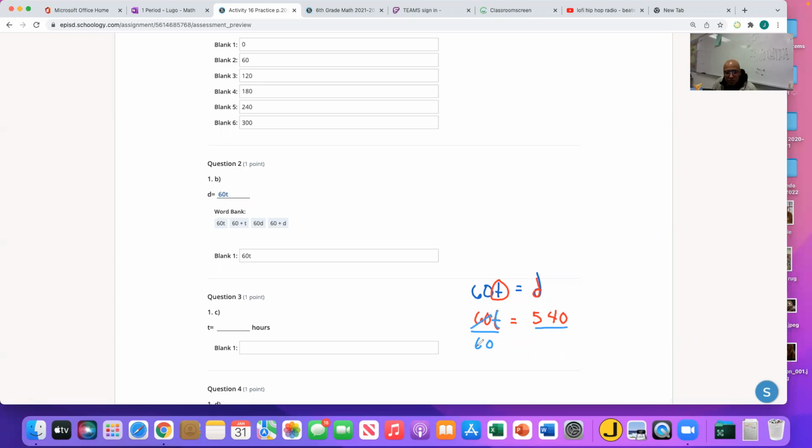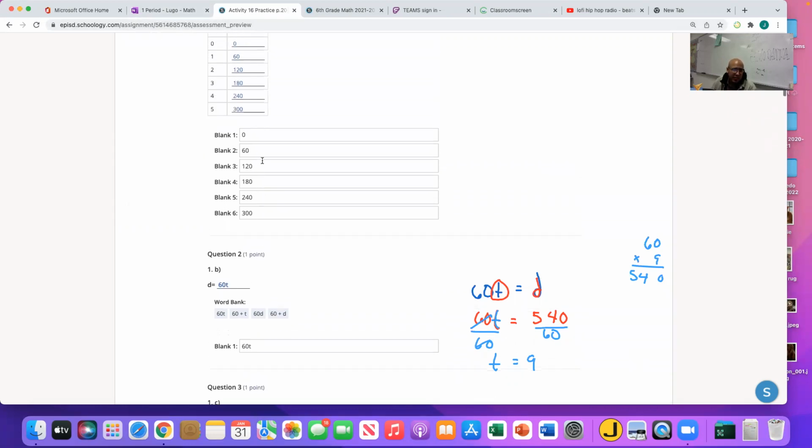But whatever I do to one side, I must do to the other. So 540 divided by 60, I believe is 9. Yeah, sure, because 60 times 9, 9 times 0 is 0, but 9 times 6 is 54. So indeed, ladies and gentlemen, it is going to take me a time of 9 hours to travel that distance.